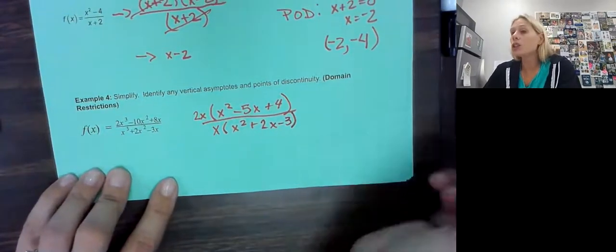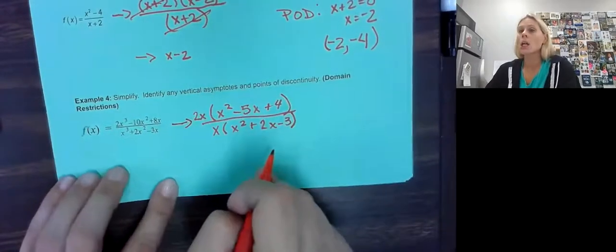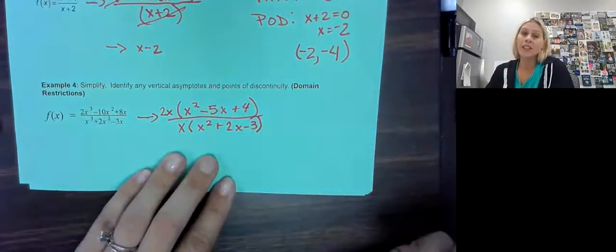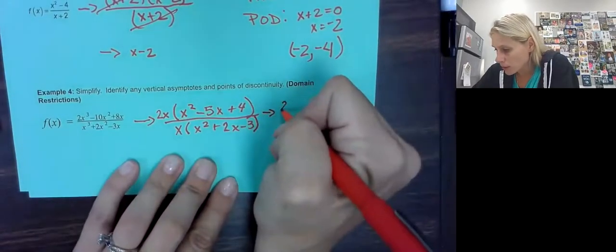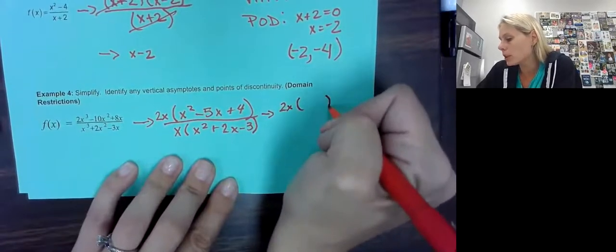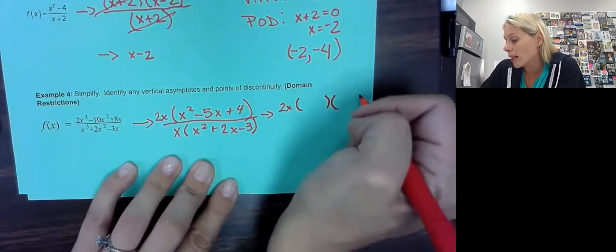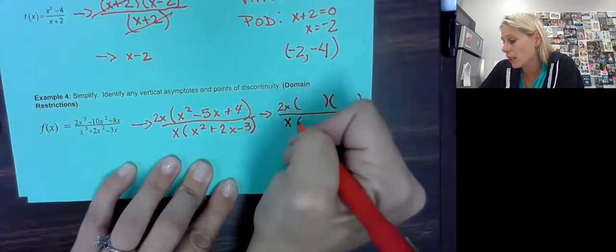All right, that was just the GCF. As you can see, we still have quadratics there. So I'm going to figure out if I can factor even more. So keep that 2x out front. Now, I'm going to do this quickly just so you guys don't have to go through it. But if you are struggling with factoring, make sure you talk to me.